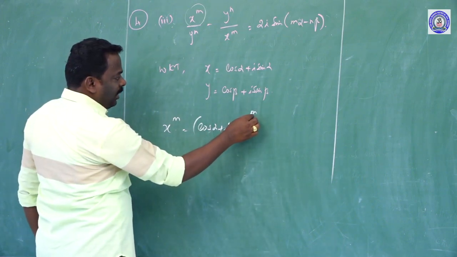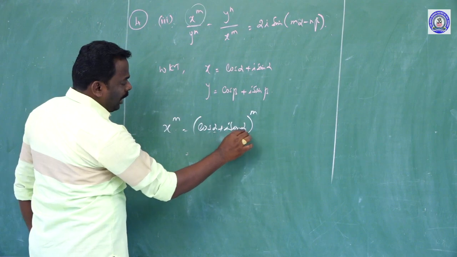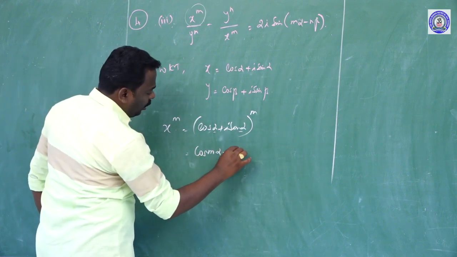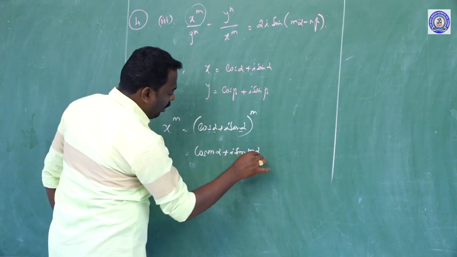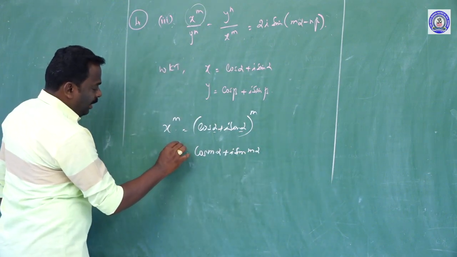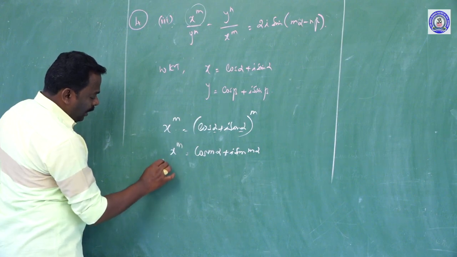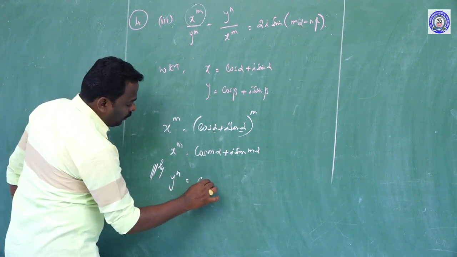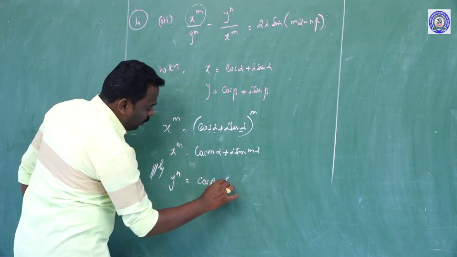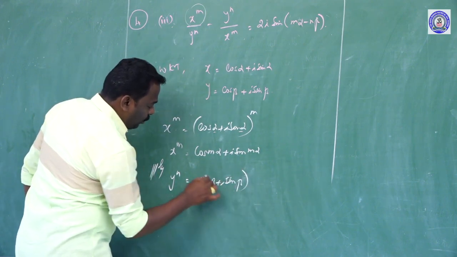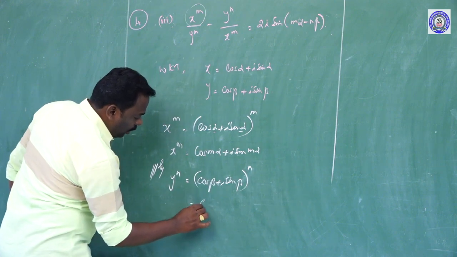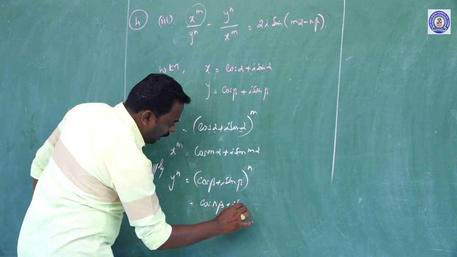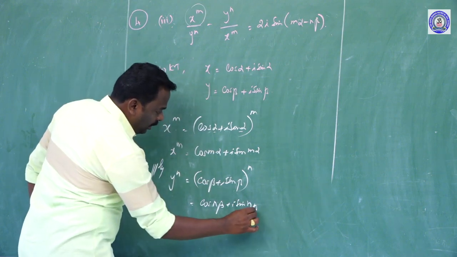By applying De Moivre's theorem to bring the power to multiply the argument, therefore it is cos mα + i sin mα, that is x^m. Similarly y^n equals (cos β + i sin β)^n, that is cos nβ + i sin nβ. That is the y value.